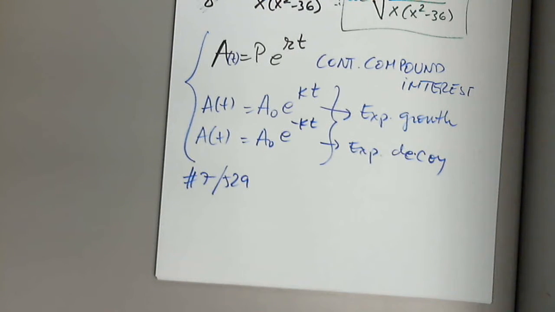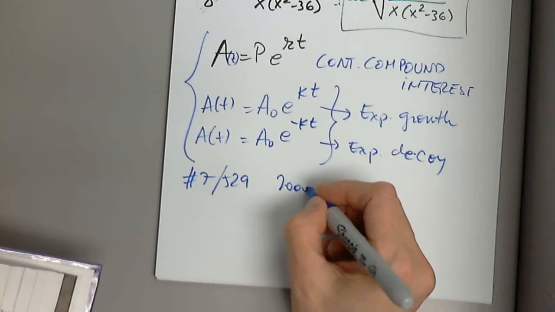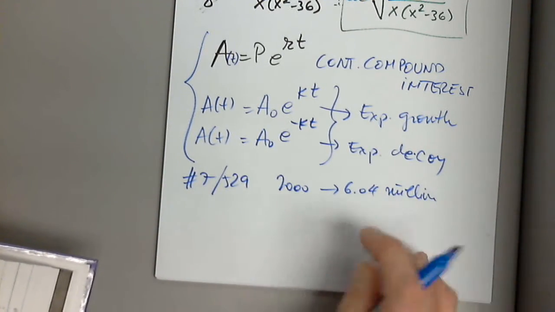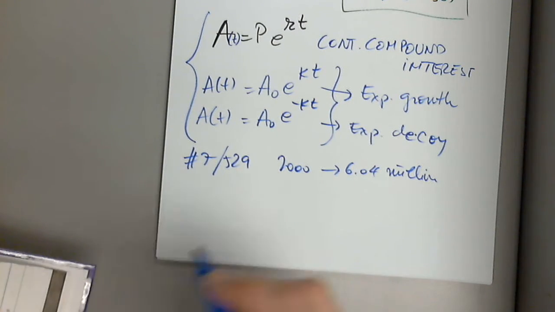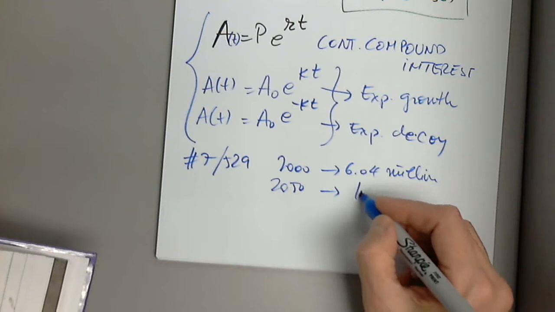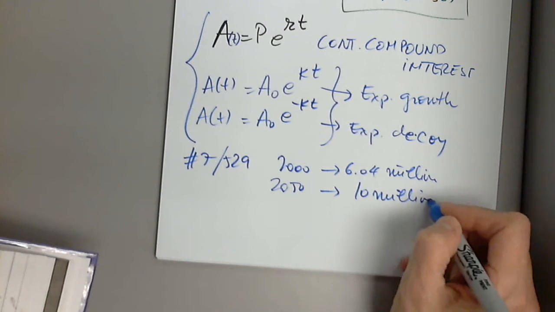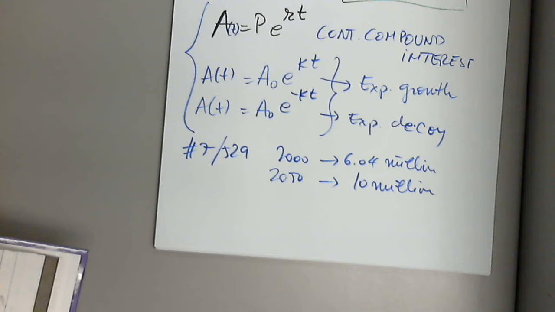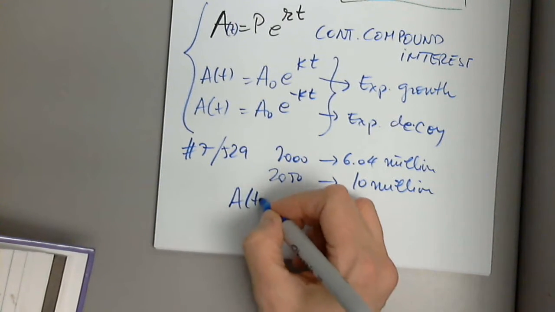In the year 2000, the population of Israel was approximately 6.04 million. In 2050, it is projected to grow to 10. I'm just reading the problem and taking notes at this point. Use the exponential growth model. This will be given to you.